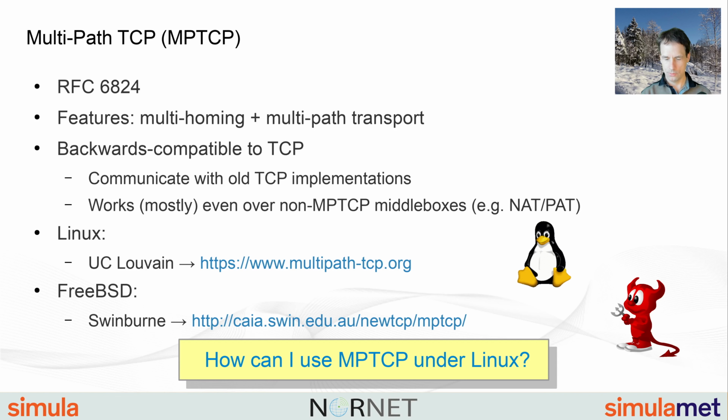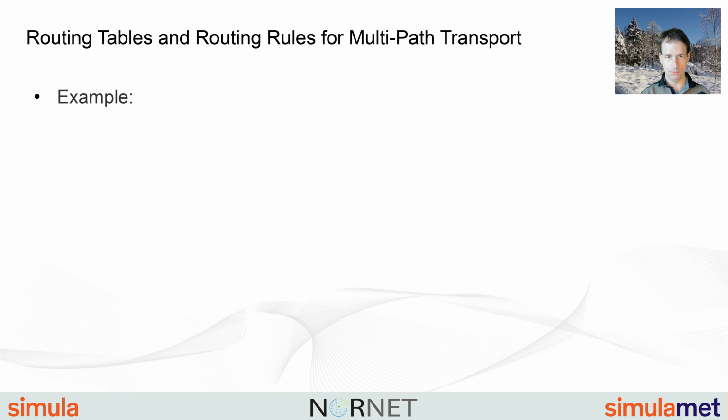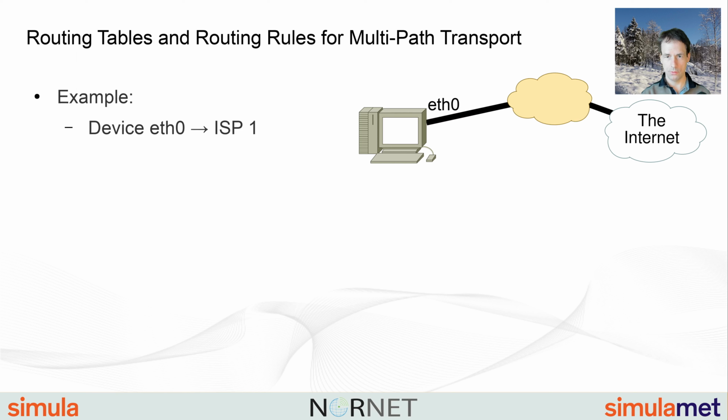Well, so obviously you need an MPTCP kernel, but does it work out of the box? Well, let us look at an example. We have a PC here, which is connected to the internet over Ethernet 0 to the first ISP and Ethernet 1 to the second ISP. Of course you have a default route over Ethernet 0 and a default route over Ethernet 1.